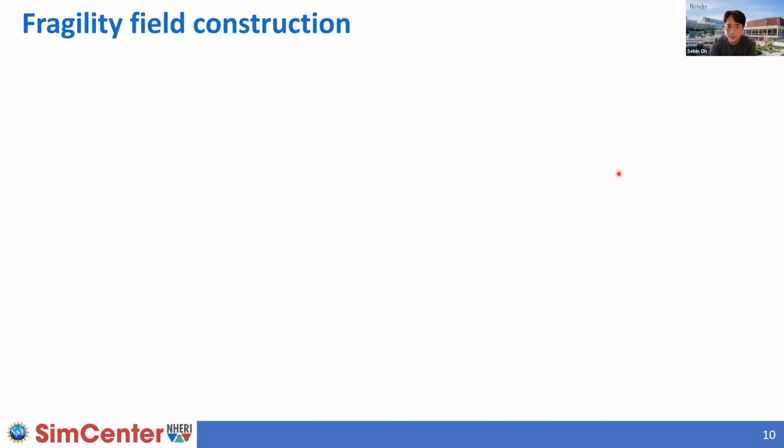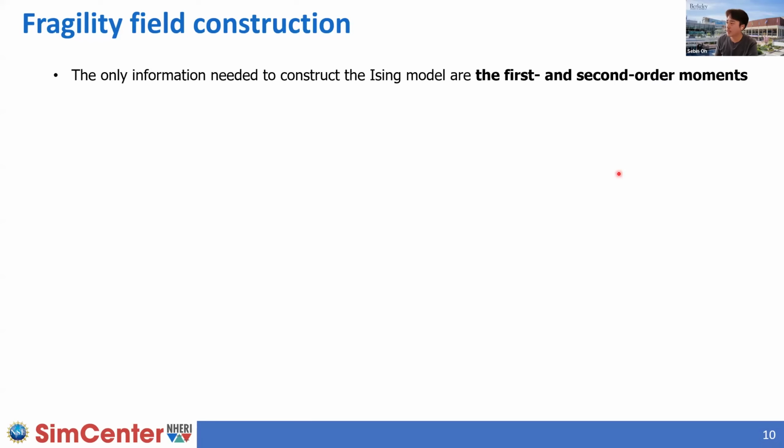Okay, so now let's take a look at how to construct the Ising model, and by extension, how to construct the fragility field. As I said earlier, the first and second order moments are the only information needed to construct the Ising model.